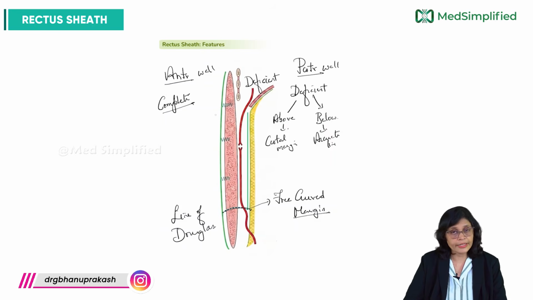Next, the anterior wall is adherent to the muscle through the tendinous intersections.